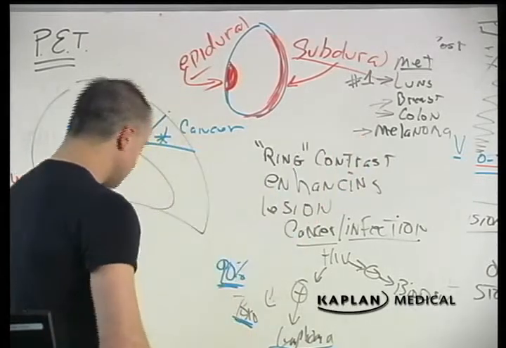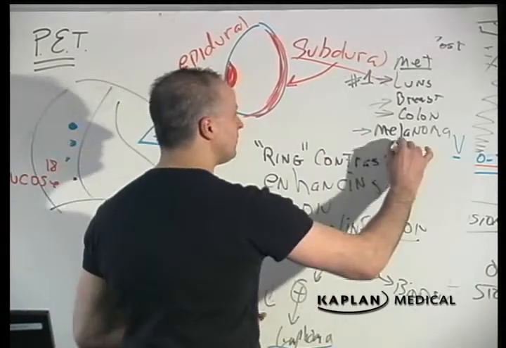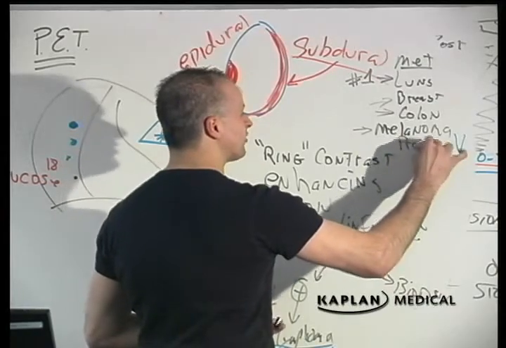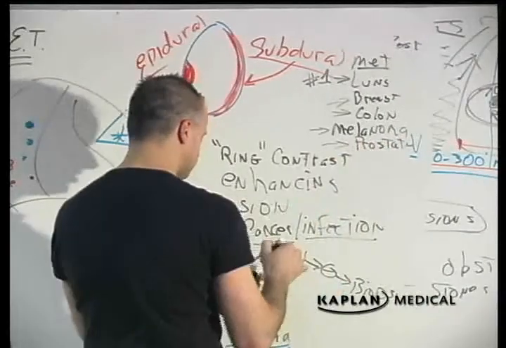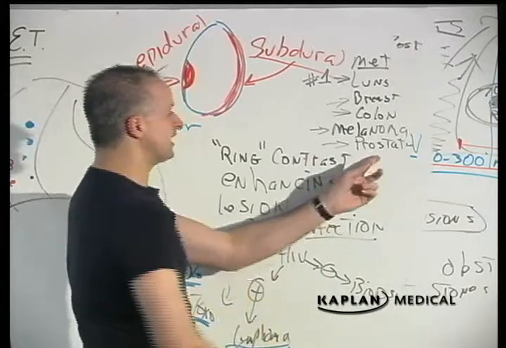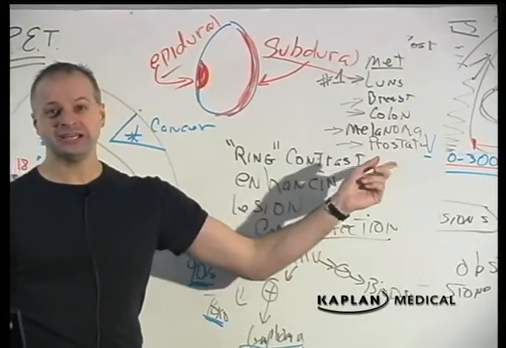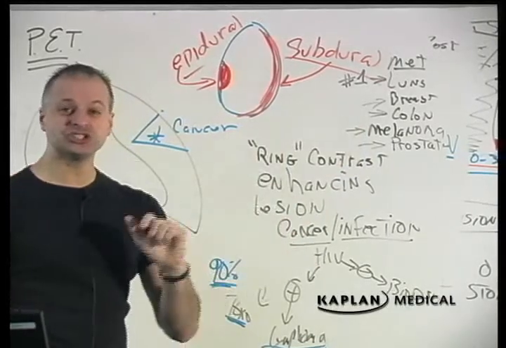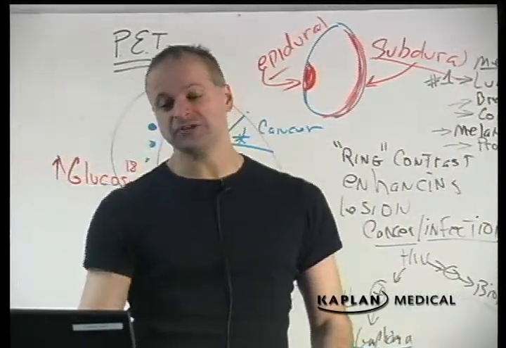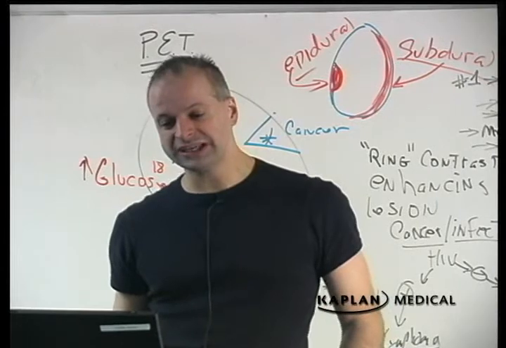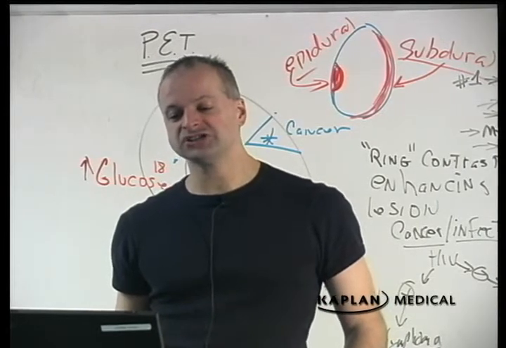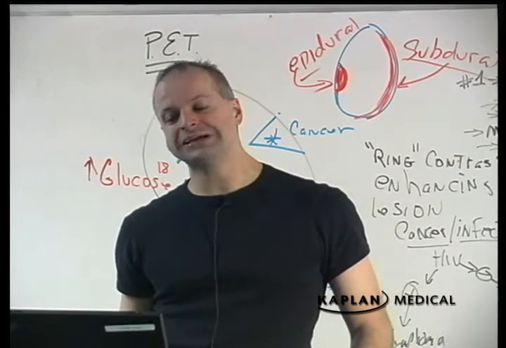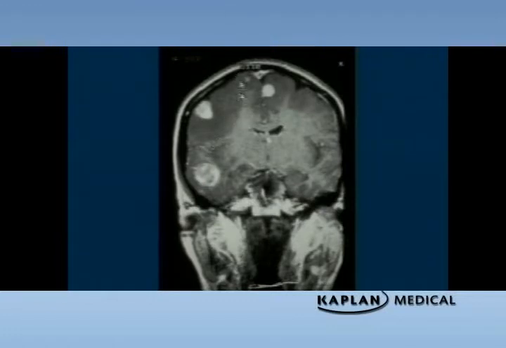So melanoma and prostate cancer are up here very close to each other as a cause of metastatic disease to the brain. Even though prostate cancer is enormously common, it stays local or goes to the bones. Melanoma likes to eat your brain. This patient has multiple lesions here with contrast enhancement and also edema surrounding these lesions.